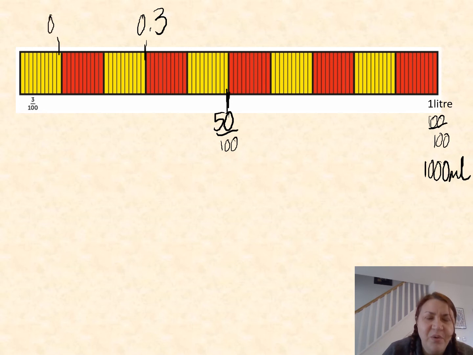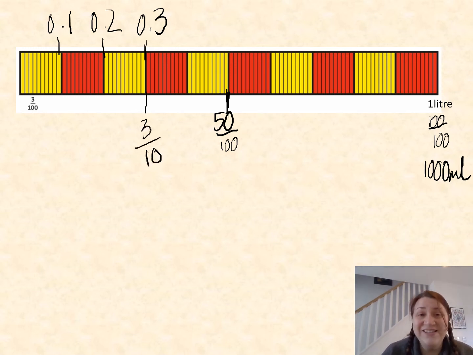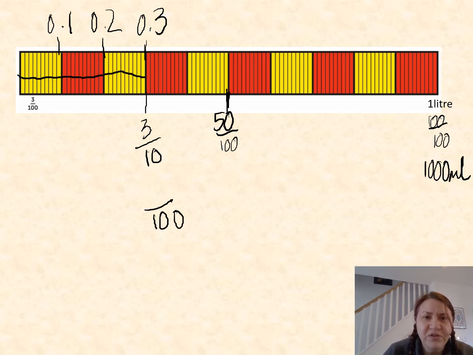That one was 0.1, wasn't it? And 0.2. Okay, so before we said that was 3 out of 10. And it still is 3 out of 10, but how many is it out of 100? How far have we travelled out of 100? So we could also say 30 out of 100.